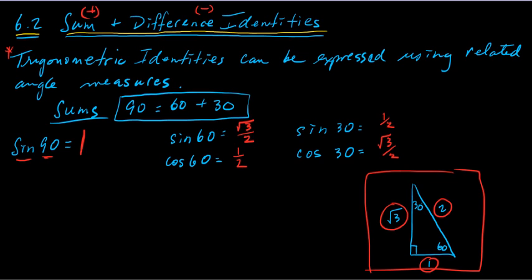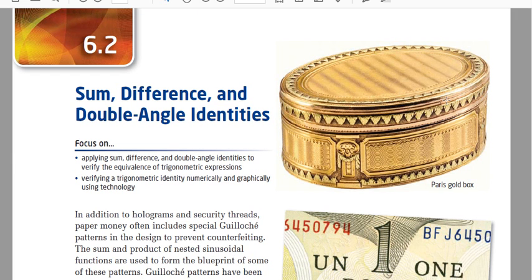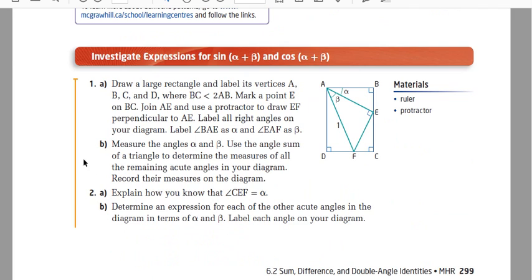There is a little activity that we're not going to do in this class today. It's an investigation, and they talk about this diagram right here. They give you some values here, and they're asking you to explore the relationships between alpha angle and beta angle, and of course the right triangles that exist, and to see if you can find any relationship.